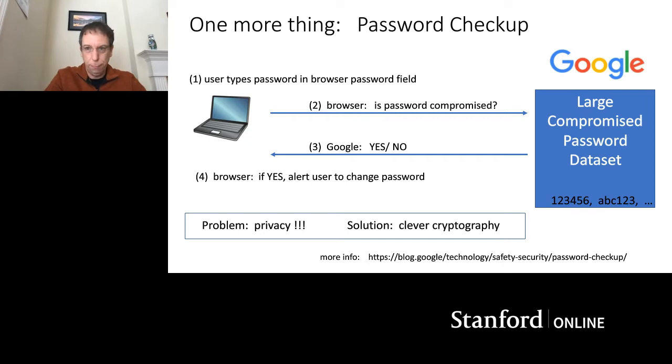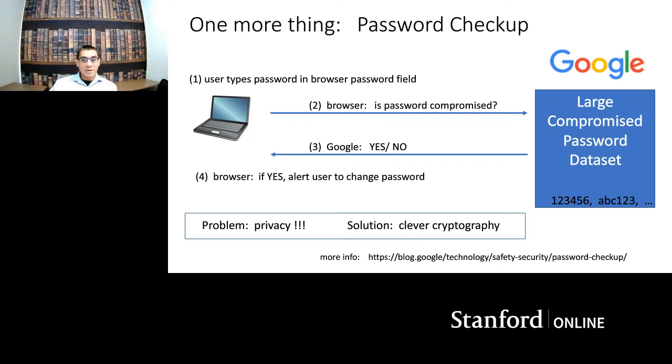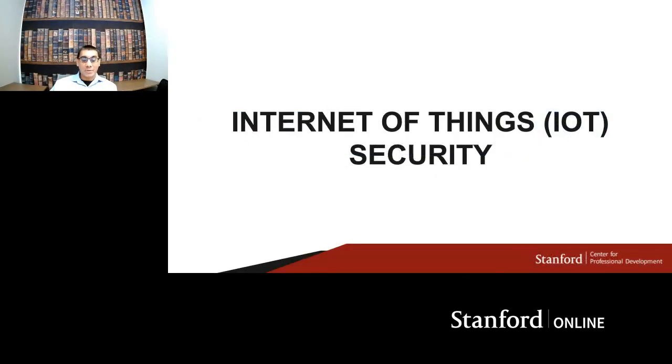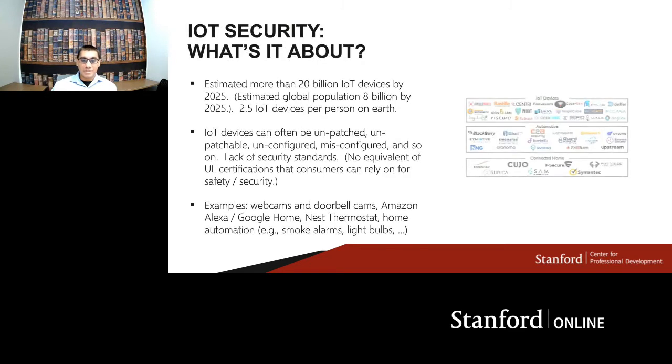Great, thank you, Dan. So I'm going to continue by talking about the next category, which is Internet of Things security. For those of you that haven't heard the term before, although I expect most of you have, I first started hearing it around 2011, 2012, and it refers to the billions of devices coming online that are not servers or laptops or mobile phones.